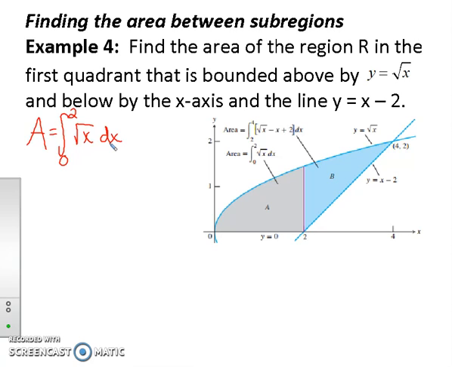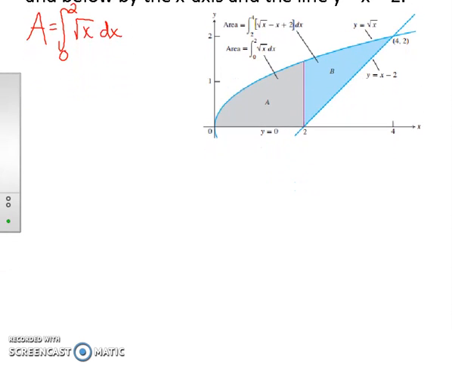For region B then, that is bounded above by the curve square root of x and below by the line x minus 2. So for region B, its area is going to be the integral from 2 to 4.